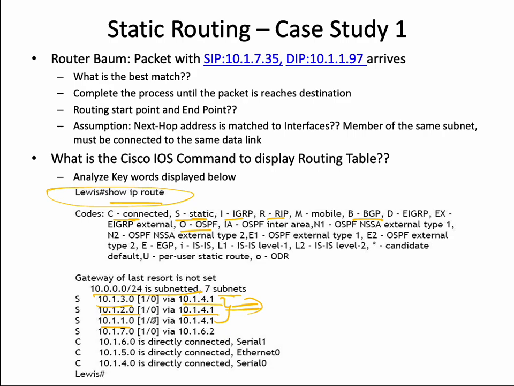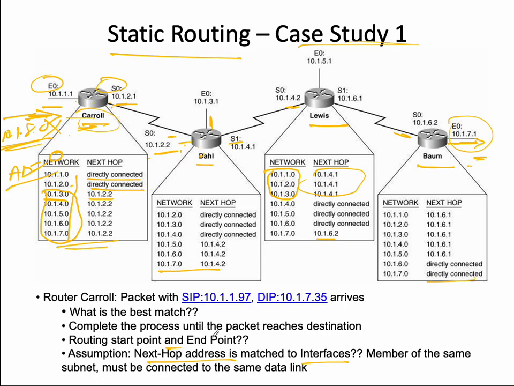So this is exactly what we are seeing here. There are three. And now 10.1.7.0 via 10.1.6.2. If we go back here, it's via connected right here. But all these other three networks, you forward to 10.1.4.1.